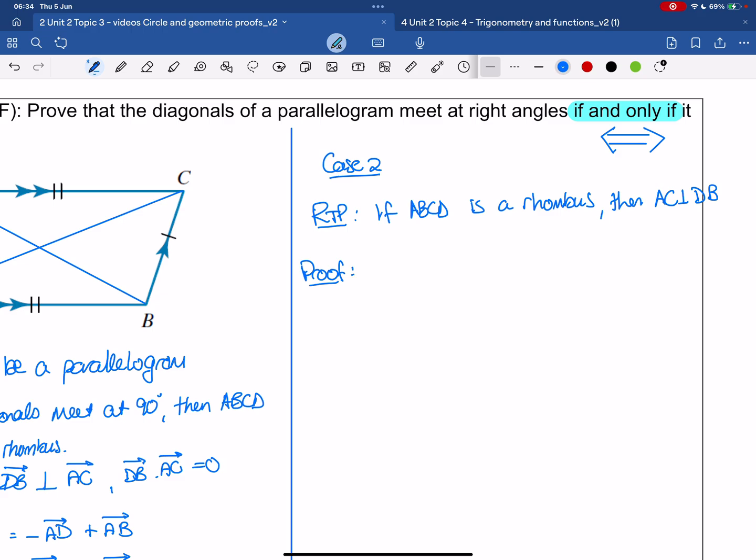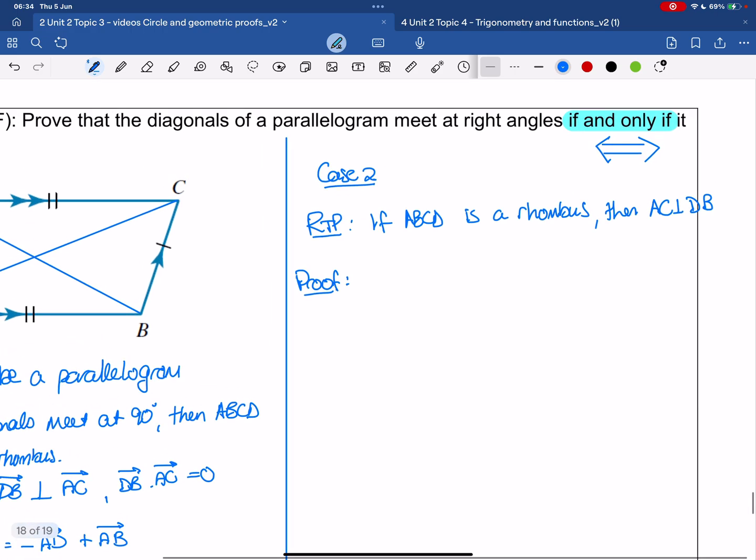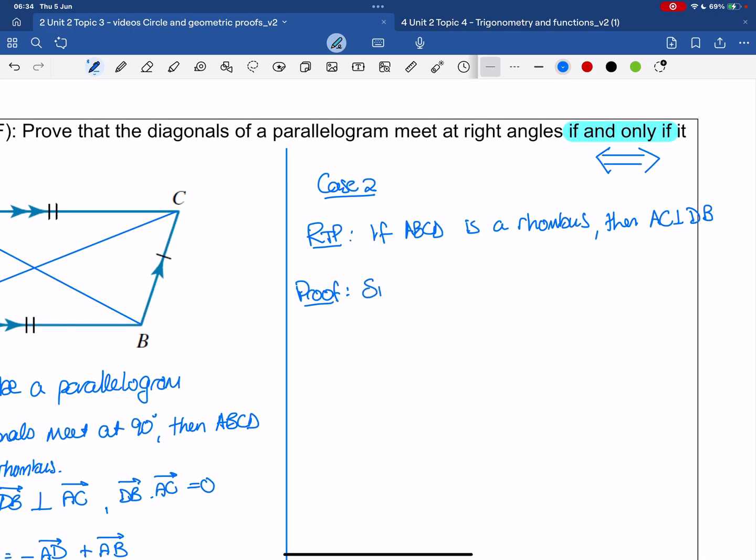Now we've been given that this is a rhombus, so we know that the magnitude of all 4 sides is the same. So let's say that since ABCD is a rhombus, I know that the magnitude of AD is equal to the magnitude of DC is equal to the magnitude of CB is equal to the magnitude of BA.